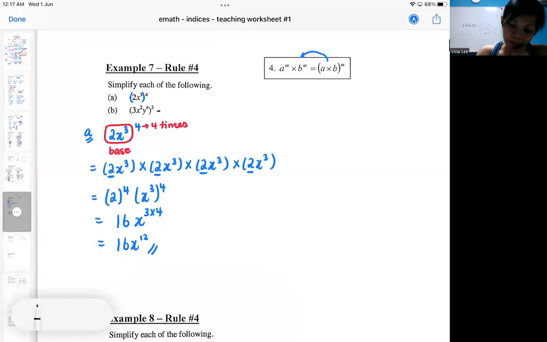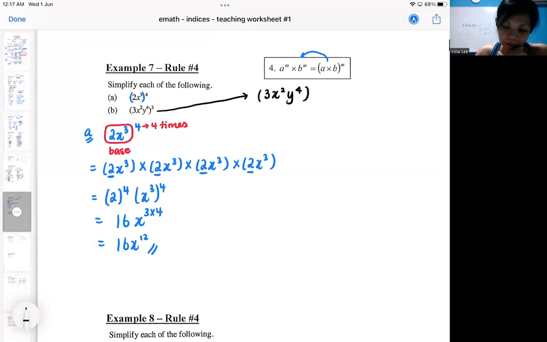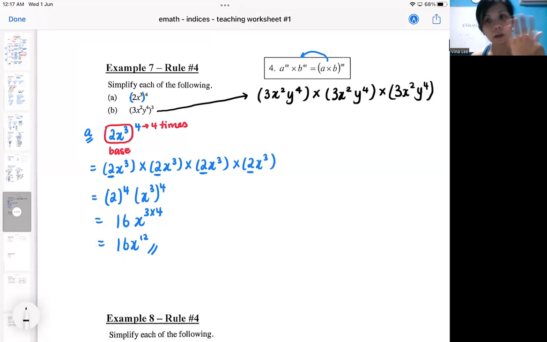So the same thing here for part B. For part B, I'm supposed to repeat 3 times. So the whole bracket is supposed to repeat 3 times. Again, it's going to be very troublesome if I write out repeating 5 times, 10 times.